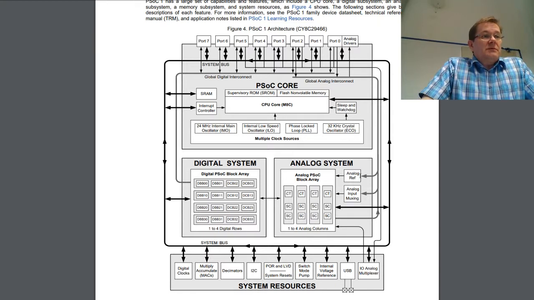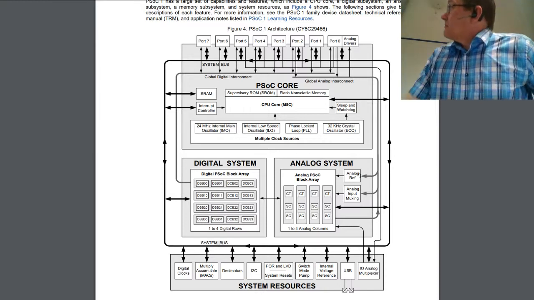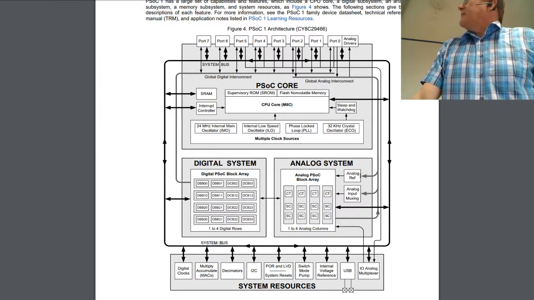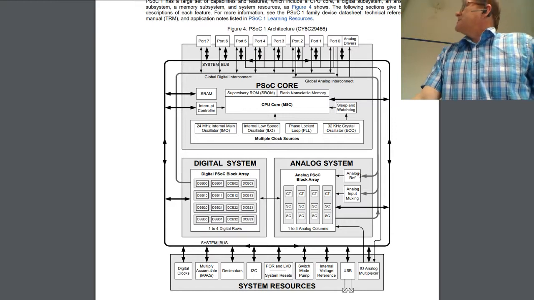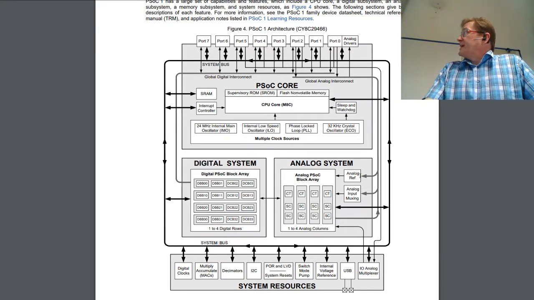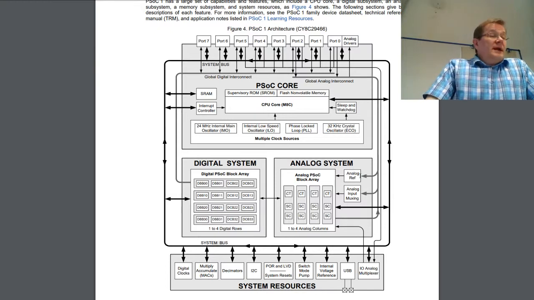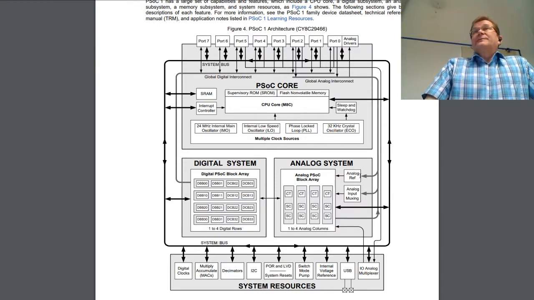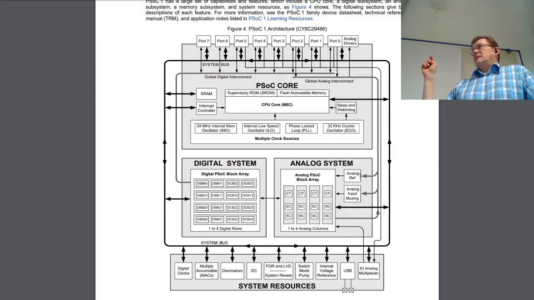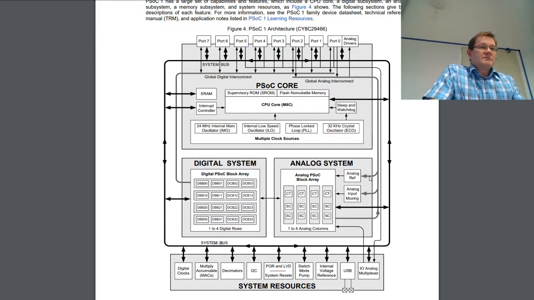You can also mix and match and connect those blocks internally using the switch matrix. In addition to that, you can have an 8-channel analog multiplexer, so you can have one single A to D converter and run 8 different channels to it.